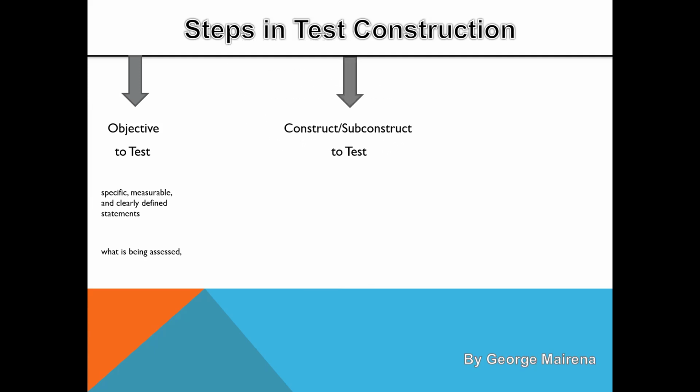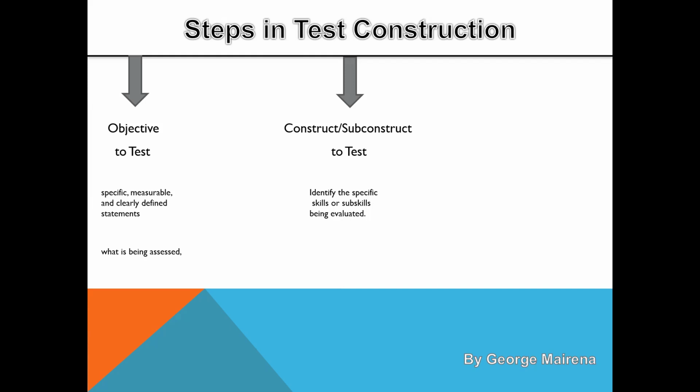Let's see another step. This is in order, okay? First we use the objective, then the construct or subconstruct to test. Here we need to identify the specific skills or sub skills being evaluated. When we talk about construct, it refers to the macro skills that English has, like speaking, reading, listening, writing.